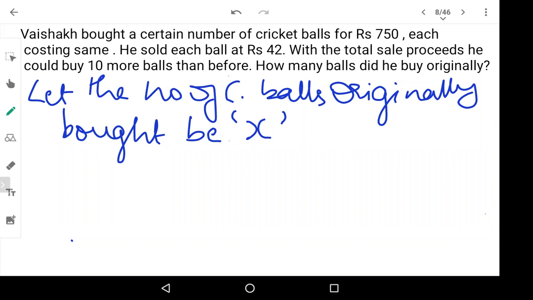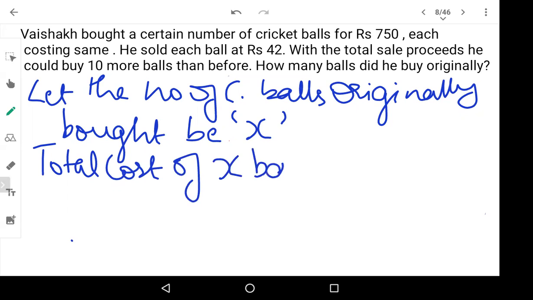Now how much did he pay for the total number of balls? He had paid 750 rupees. So the total cost of x balls is equal to rupees 750. He had paid 750 rupees to buy x number of balls.